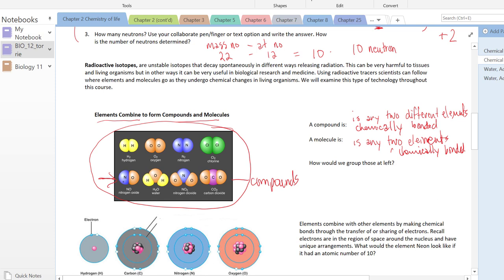So see here, we got a nitrogen and an oxygen joined together. Here we got hydrogens and oxygens. So these are all molecules because they consist of 2 or more atoms joined together, right? And only these ones are compounds because the atoms that are joined together are different.